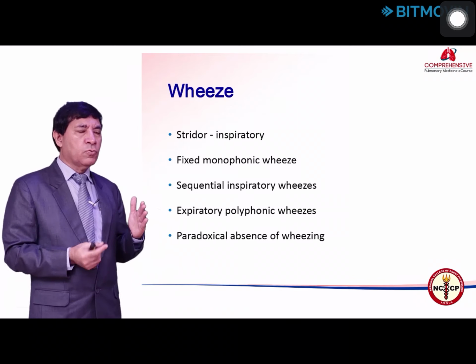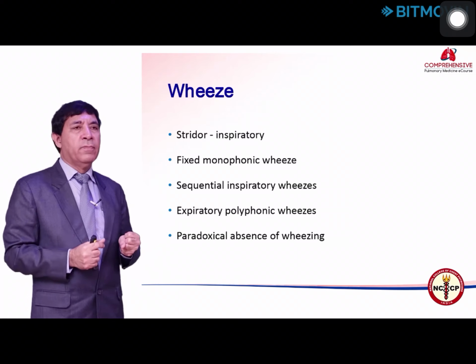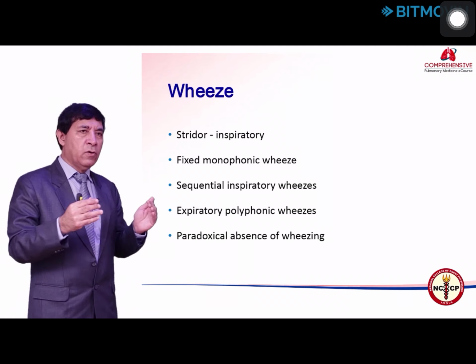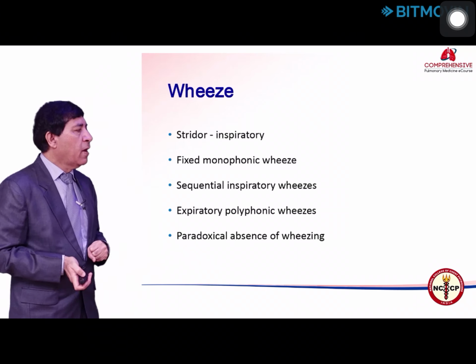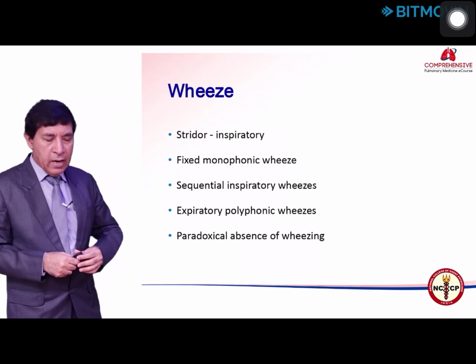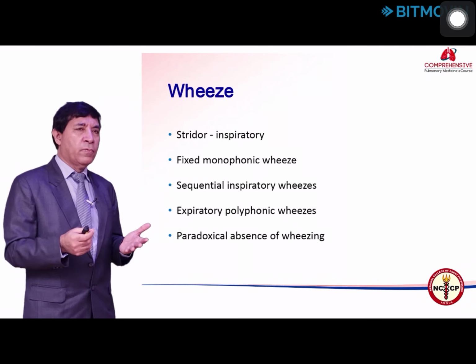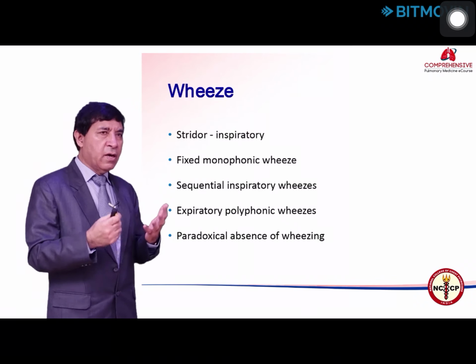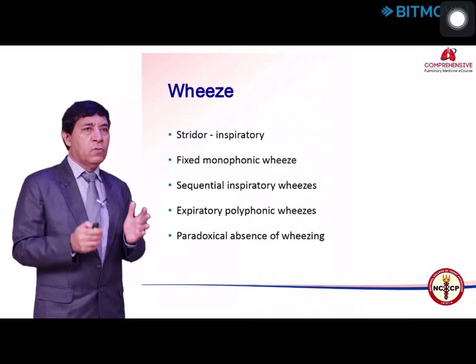And when it reaches small airways, whose mass and elastic structures are not very firm, and they are not able to vibrate and produce an audible wheeze, we call it a paradoxical absence of wheezing. And this is particularly seen in patients with severe airflow obstruction, a patient coming to you with severe asthma, when the equal pressure point has shifted to the periphery, to small airways.